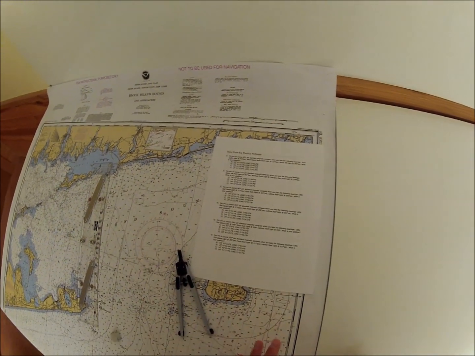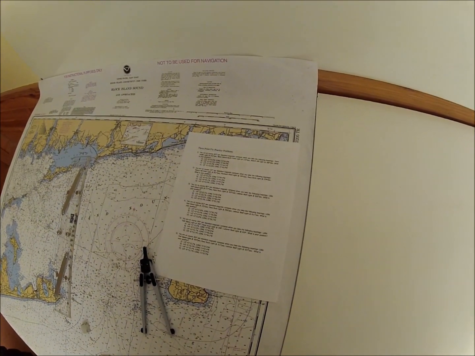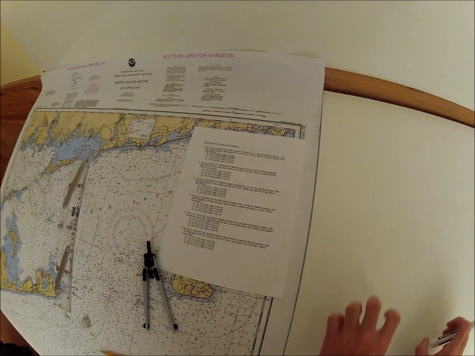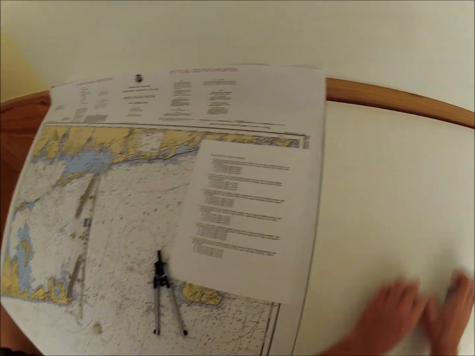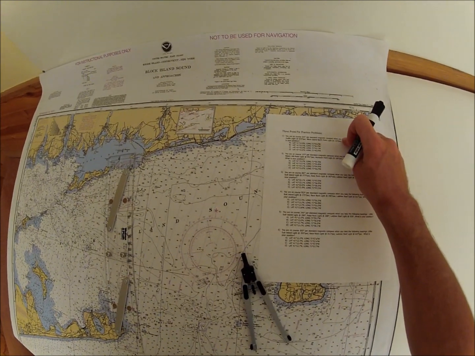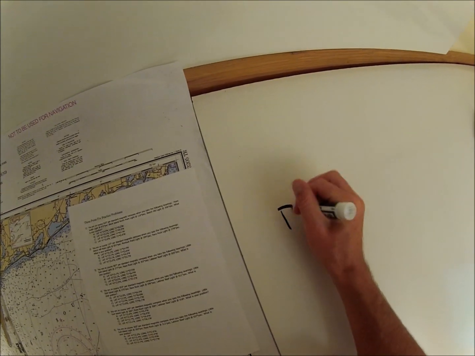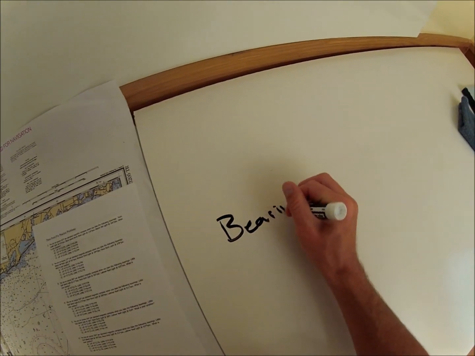So we need to take the deviation from our heading, apply it to all the bearings, and work them up to true so we can put them on the chart, right? All these bearings are in PSC, but to put those on the chart, they need to be in true. So we need to convert all these bearings.